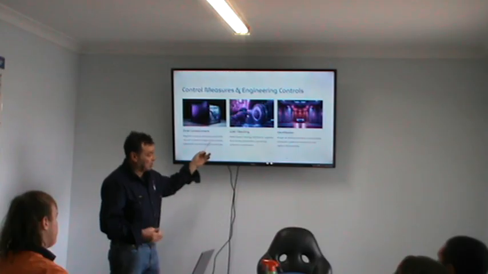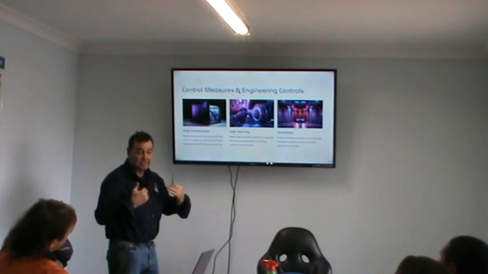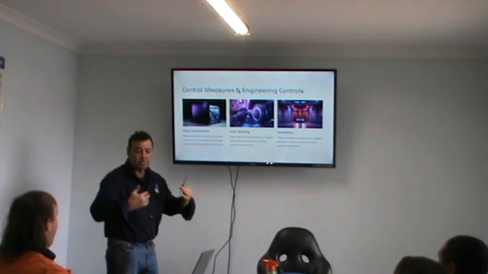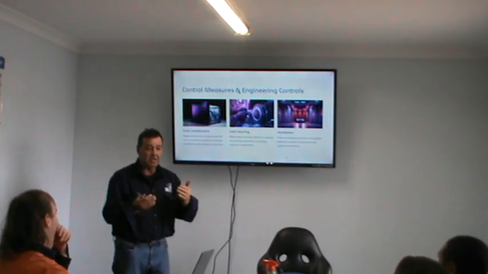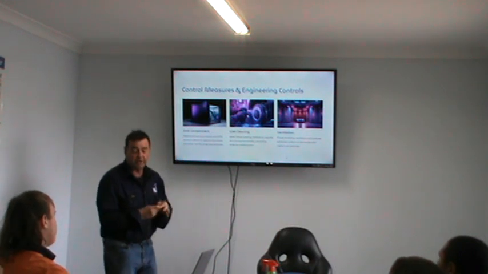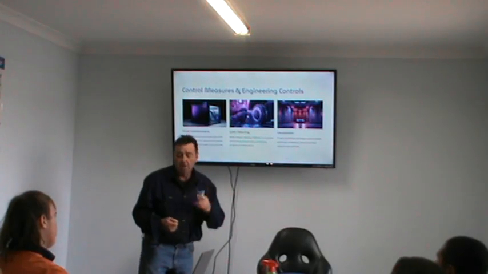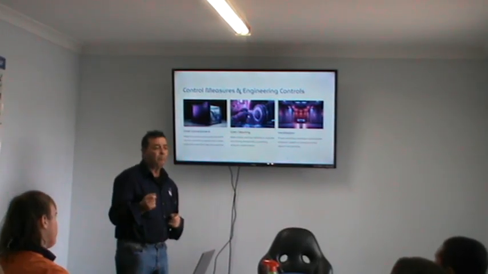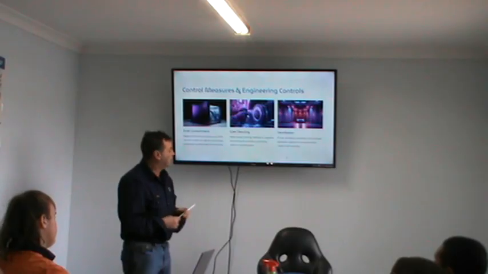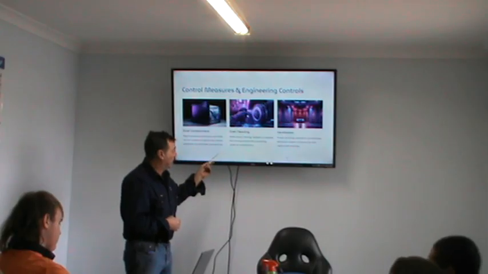So when we're inspecting drum brakes or anything like that, they're going to have brake dust inside those drums. As soon as you pull those drums off, it's going to have a fair bit of brake dust. So we just don't get the air gun and blow it out and suck all that in. We wet it all down. So the wet, water-based cleaning methods are probably the best way to go.